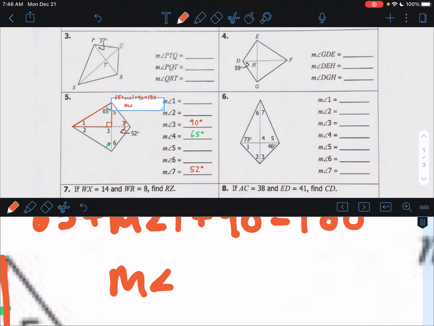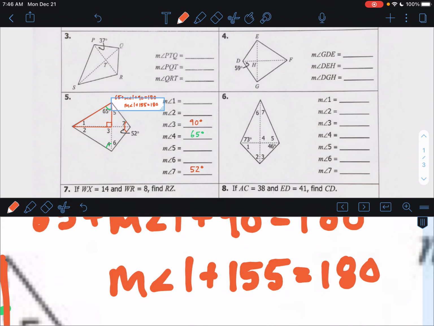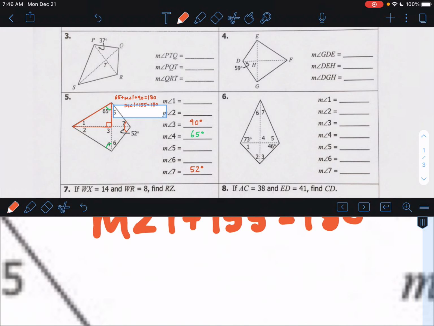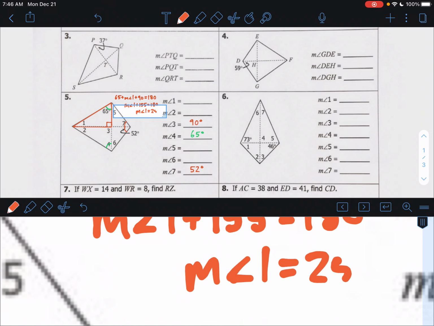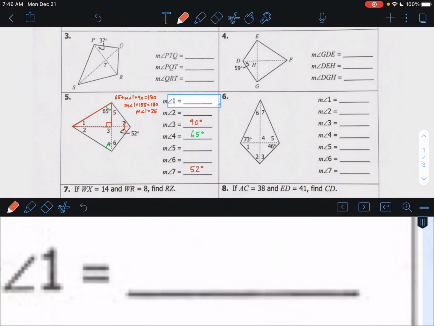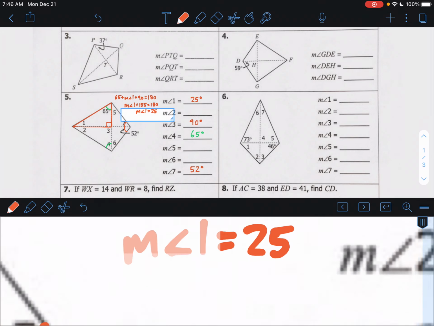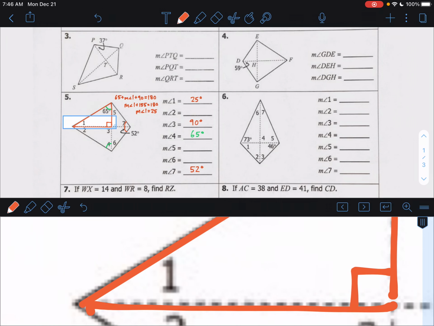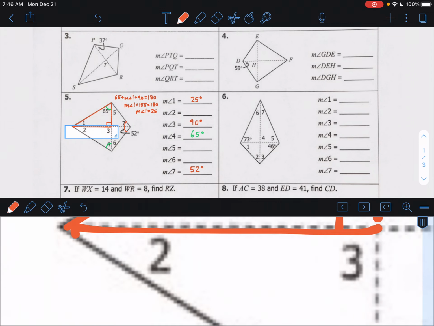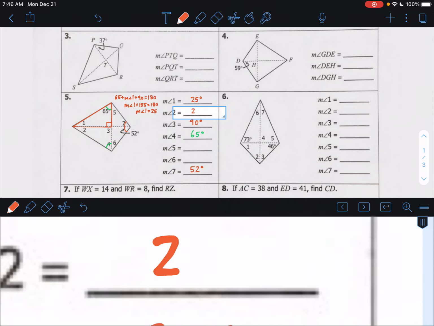So that's going to give me the measure of angle 1 plus 155 equals 180, which is going to give me the measure of angle 1 equals 25. And as I said, once I found 1, I knew what 2 was going to be, because I know they have to be congruent.